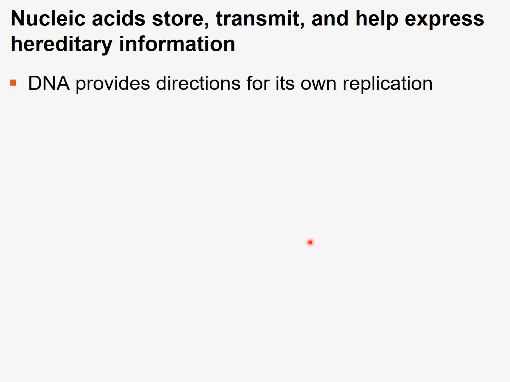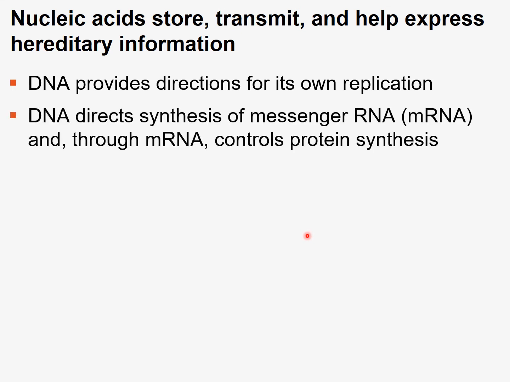Now, DNA is going to provide the directions for its own replication. So it stores that information. It stores the instructions for its own replication, which is really cool. DNA directs the synthesis of messenger RNA, so that's a type of RNA, one of the many types of RNA. And it's through messenger RNA, or mRNA, which actually eventually controls protein synthesis.